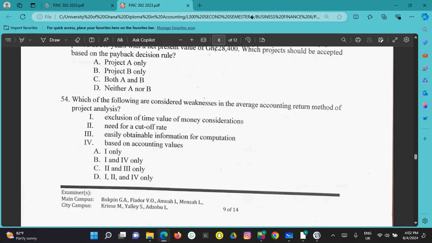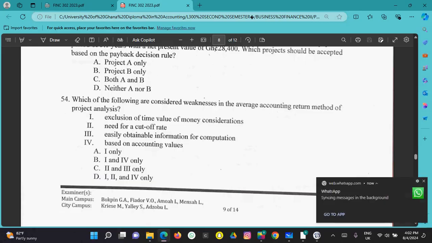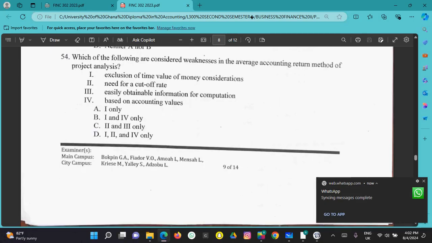Which of the following are considered weaknesses in the average accounting rate of return method of project analysis? The answer to this is B, which is I, exclusion of time value of money, it doesn't use time value of money.